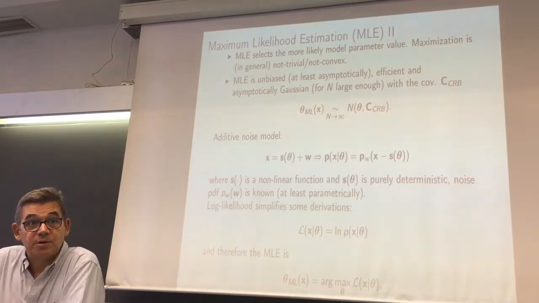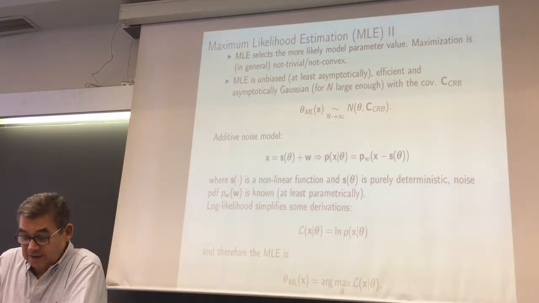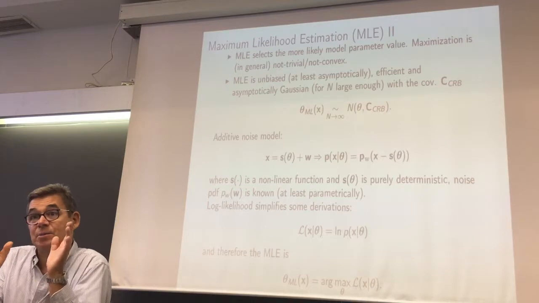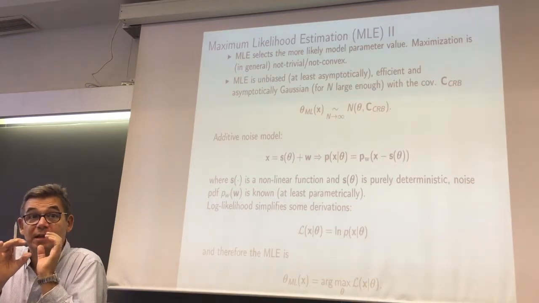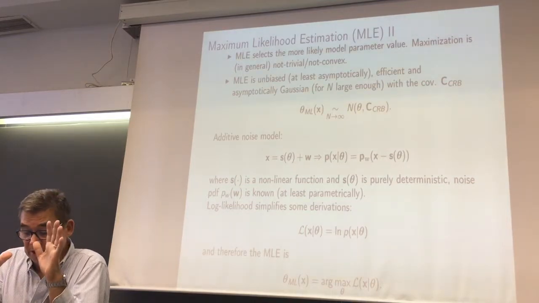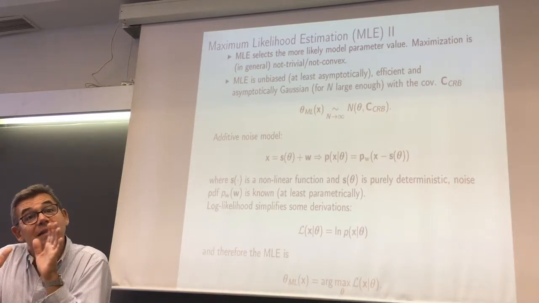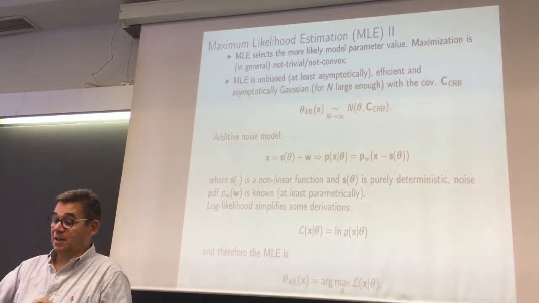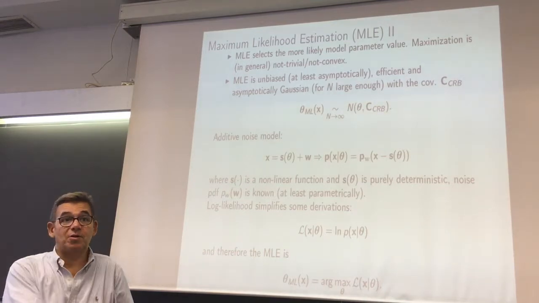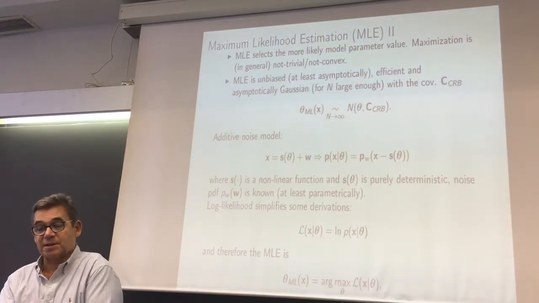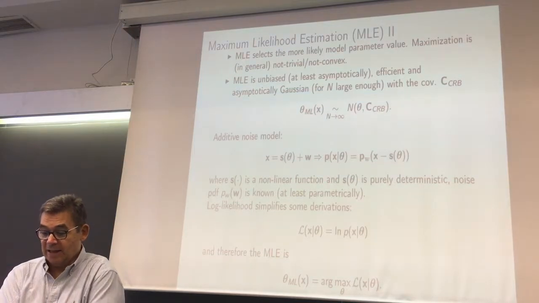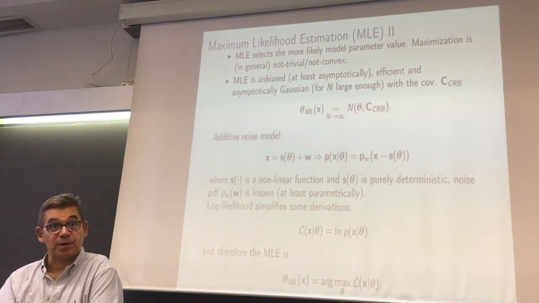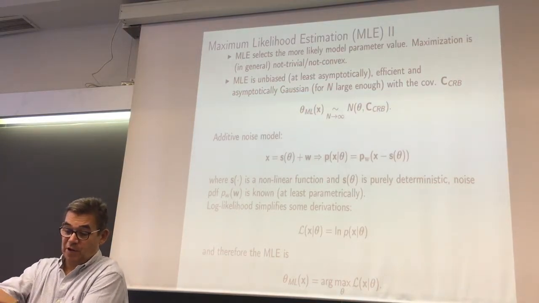The good news is that the maximum likelihood estimate is asymptotically unbiased, at least asymptotically. So usually, if I make the estimate by using the maximum likelihood method, the estimate is unbiased. And there is another nice property. The nice property is the following.